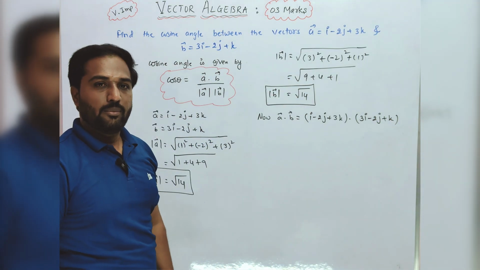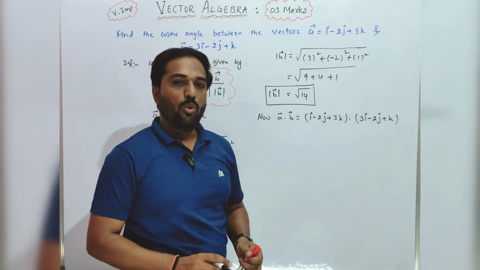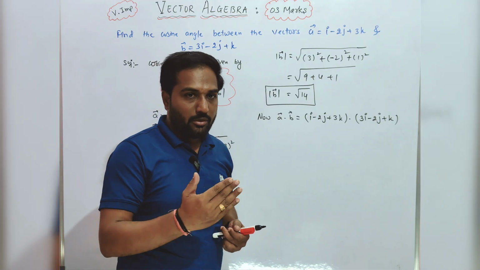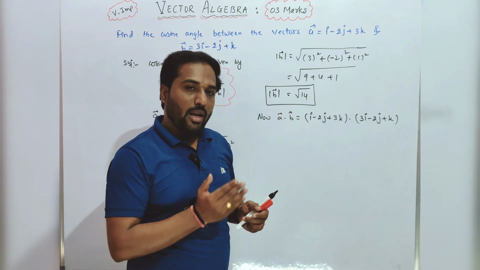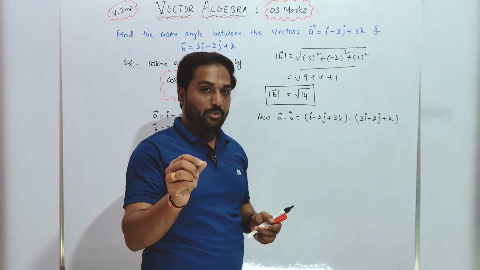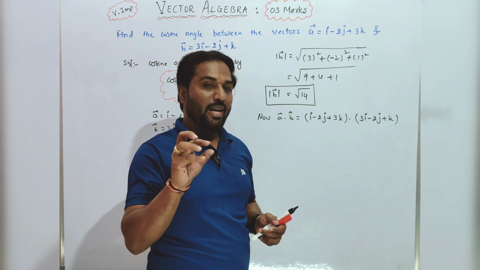Isn't it easy, right? Now how to find a dot b? Again, you just watch this carefully. In the previous problem we have seen how to find a cross b and its magnitude, and now we'll see how to find a dot b. The one who hasn't followed my previous video, please go and watch. We have taught you how to find a dot b.